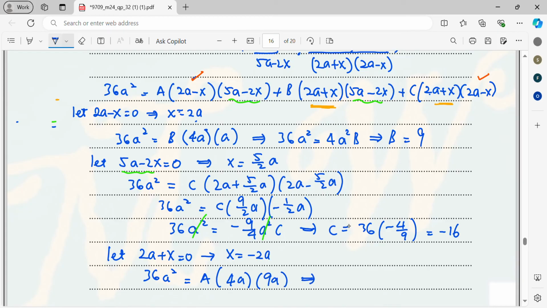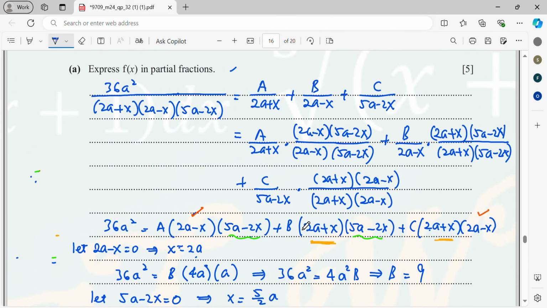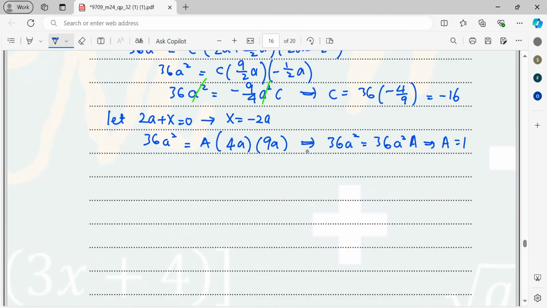Okay, so 36a squared equals 36a squared A. Therefore, the capital letter A is 1. So now I will just rewrite 36a squared over the 3 factors.